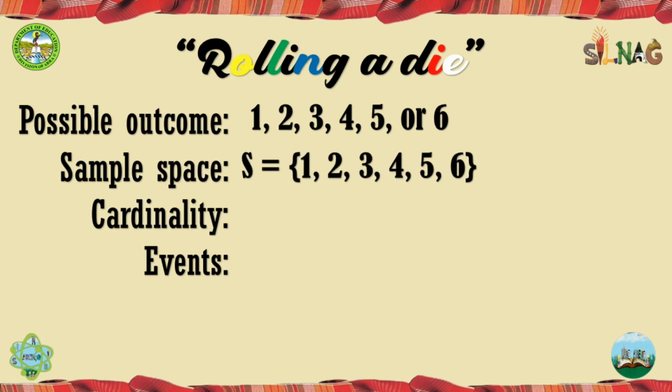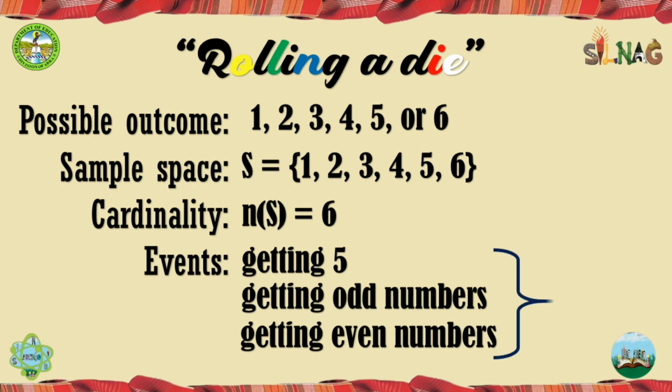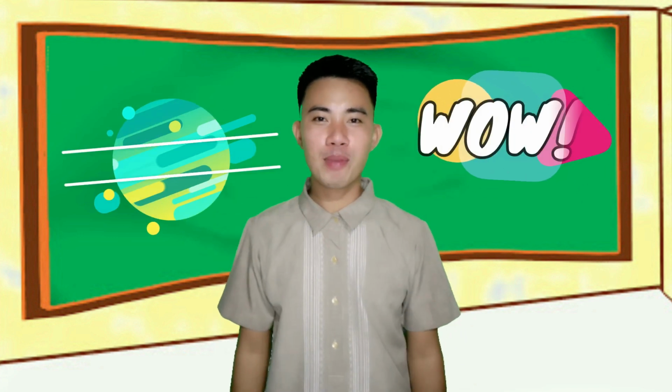Therefore, the sample space is S = {1, 2, 3, 4, 5, 6}, while its cardinality is 6. The possible events are getting 5, getting odd numbers, getting even numbers, and more. Take note that the cardinality may vary depending on the event. Wow! You guys are amazing!